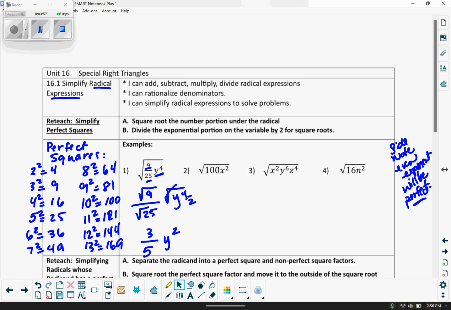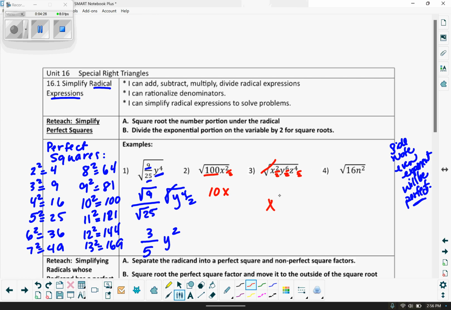Now the next one, let's kind of scooch on over. I've got 100. Hopefully you realize that 100 is a perfect square because it goes right here with the 10. So the square root of 100 is 10, and the square root of x squared, remember we're going to divide that by 2, and that would be just an x. So 10x. The next one, they're all even again, so we're going to divide each of those by 2, and we'll be done.